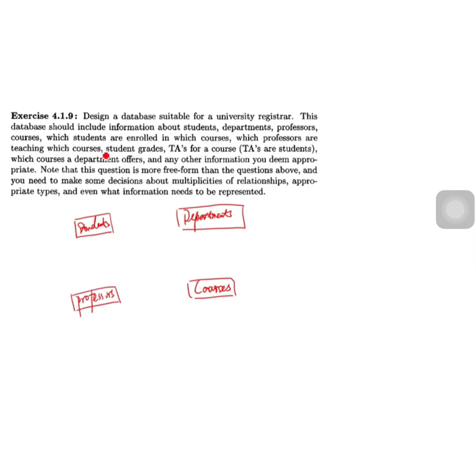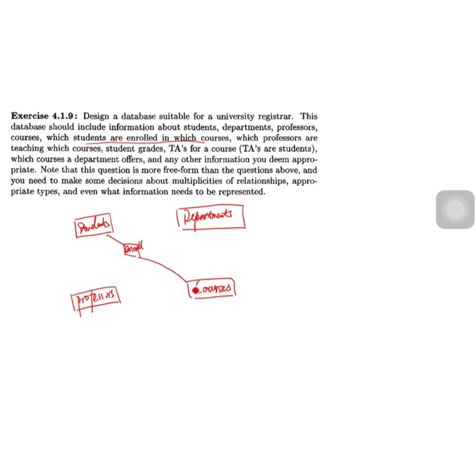Okay, students are enrolled in which courses? So there is a relationship between students and courses, enroll. We know a student can enroll in many courses, so the multiplicity of this way is many.